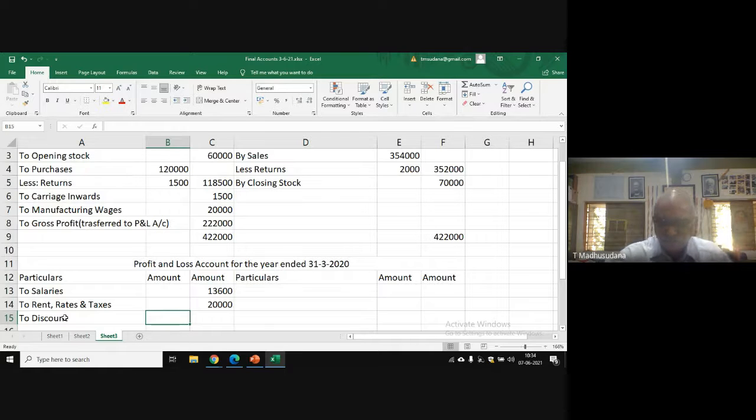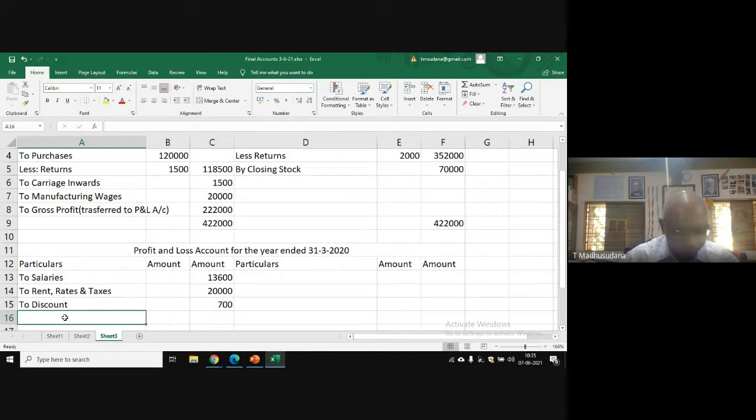As far as discount is concerned, two balances are given. Debit side is 700, credit side is 600. The debit side item is to be shown on the debit side, and the credit side amount on the credit side. So 700 debit. Next, to bank charges 150.